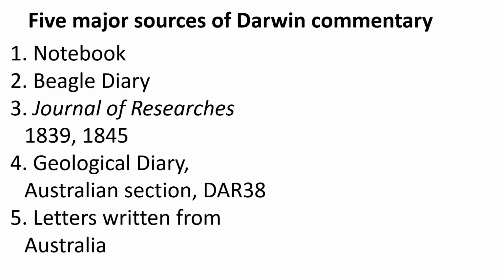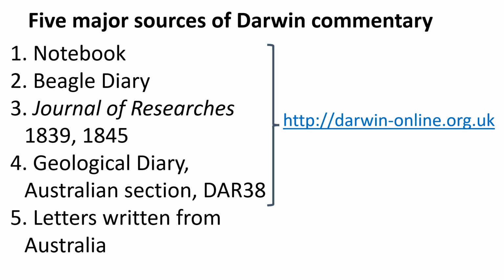Now, in the age of the internet, it is entirely different. The original text and definitive annotated transcriptions of all of Darwin's notebooks and the Beagle Diary are now available from John Van Wyhe's marvellous Darwin Online website, as are complete copies of both editions of the Journal of Researches and a definitive annotated transcription of the Geological Diary.